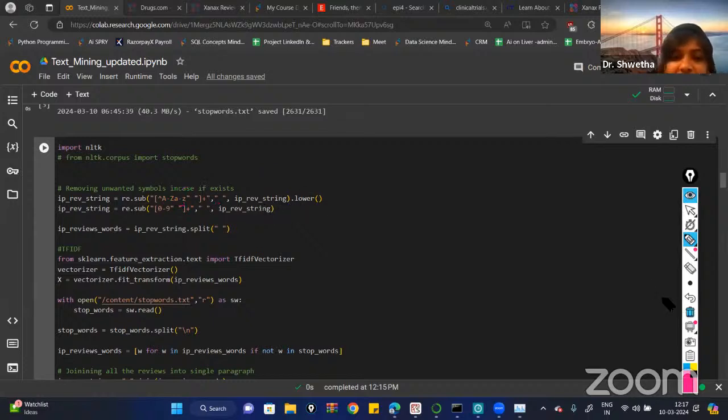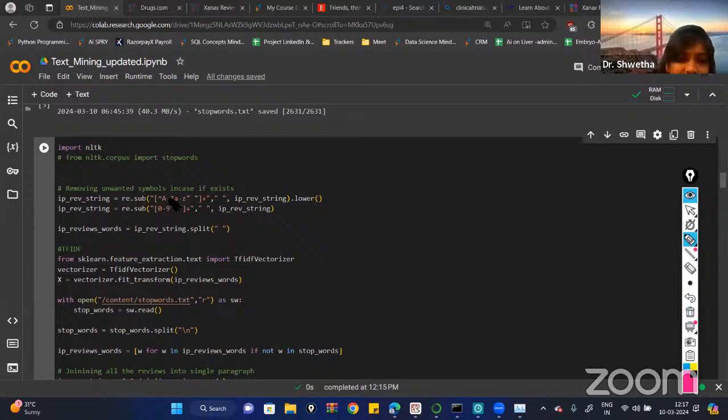After doing that, we are telling it to lower the case. So dot lower will take all the words into lowercase or small letters. This is one part of the pre-processing. Then if there are any digits 0 to 9, those will also be replaced by space in the reviews.